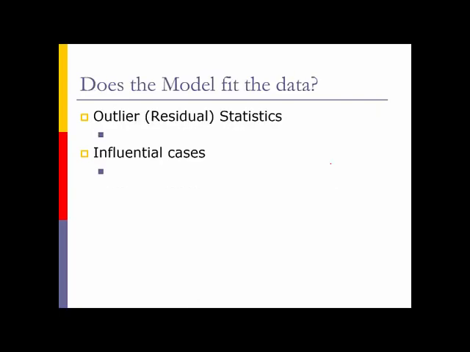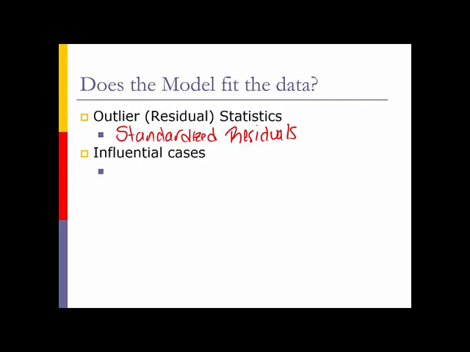All right, so does the model fit the data? Well, do we have outliers? Sometimes those are called residuals. We're going to be able to look at some standardized residuals to figure that out. And do we have cases that are influential?